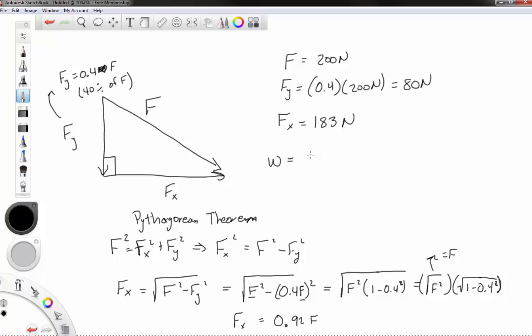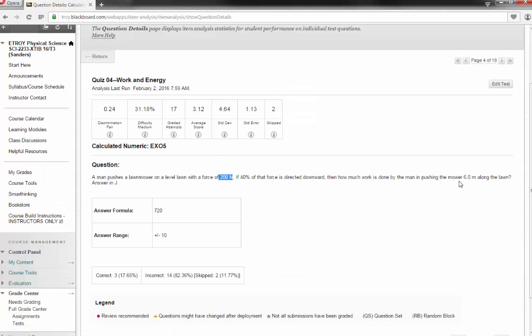Well, work should have been Fx times x. So this should therefore have been 183 newtons times the x distance that it traveled, which, if you look back in the original problem, was 6 meters.